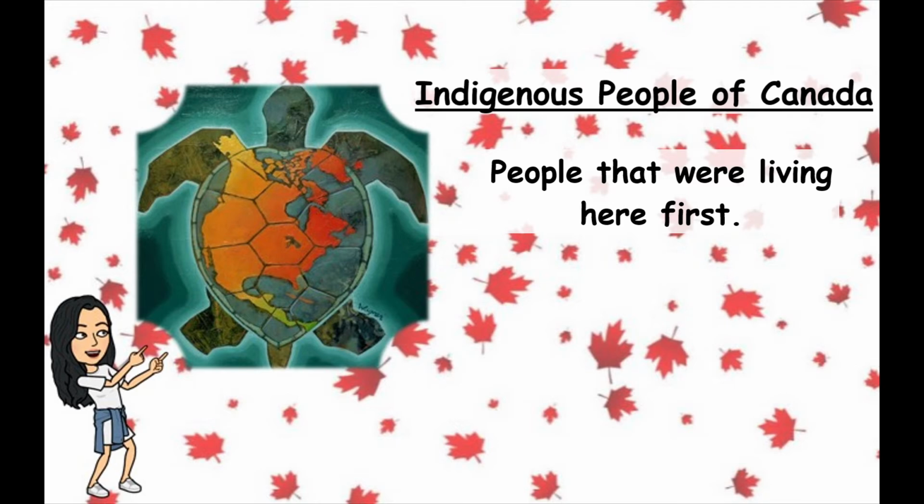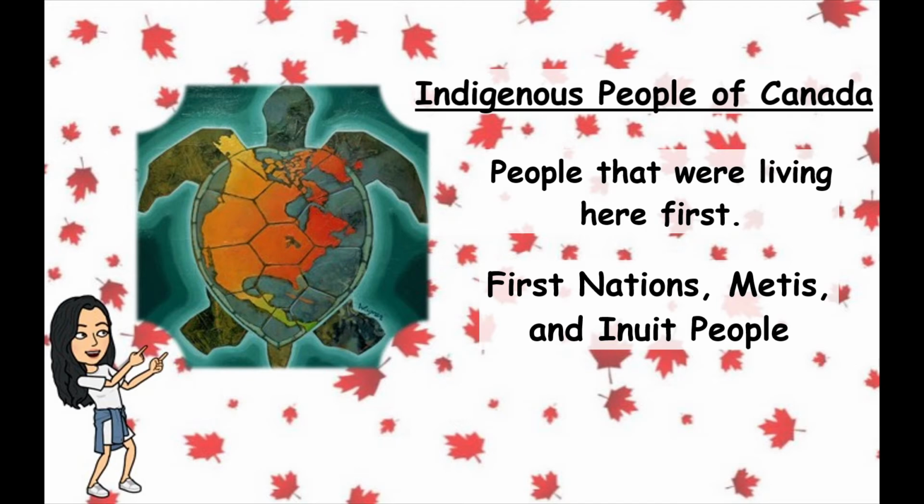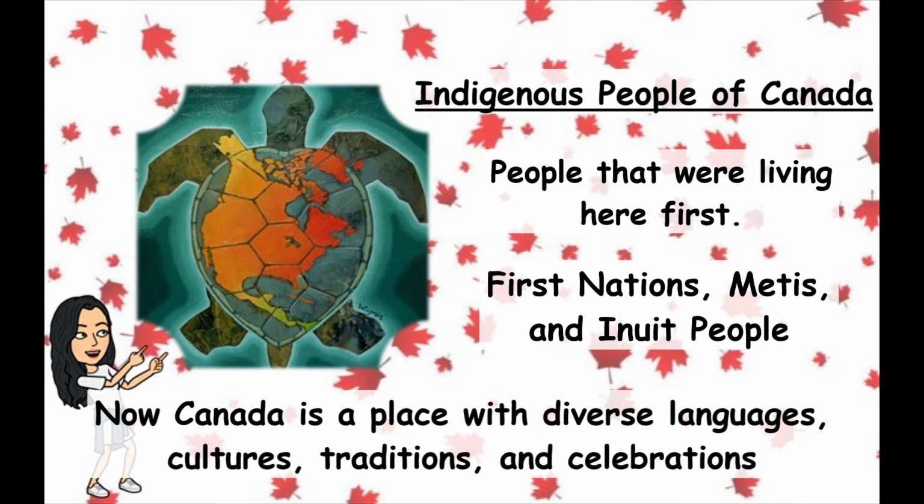In Canada, there are 3 groups of Indigenous people: the First Nations, Métis, and Inuit people. Now Canada is filled with people from all around the world. It's a beautiful country with lots of different languages, cultures, traditions, and celebrations. But we must not forget that this land was lived on by Indigenous people first.